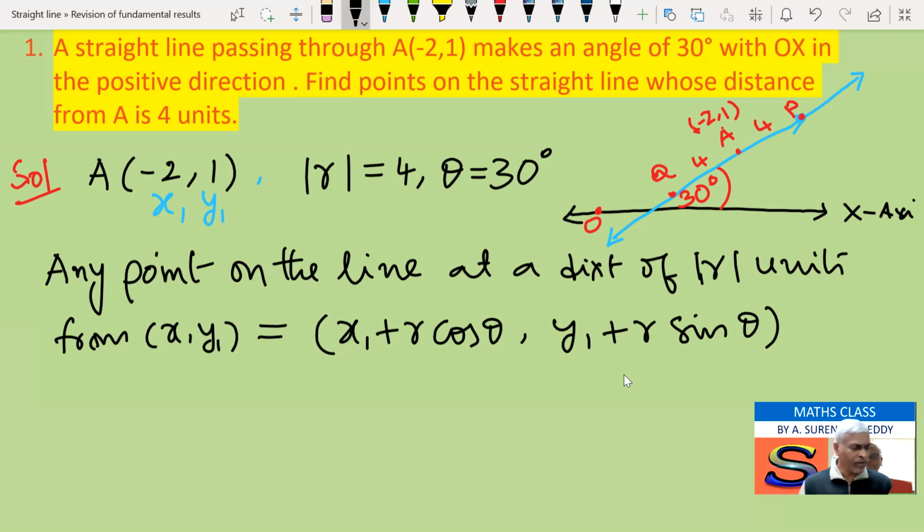Any parametric point can be taken as x1 plus r cos theta, y1 plus r sin theta.